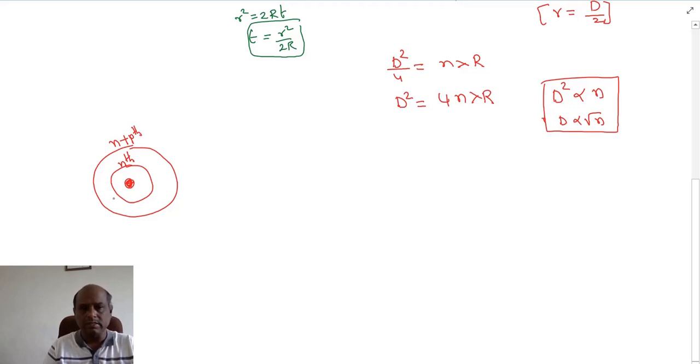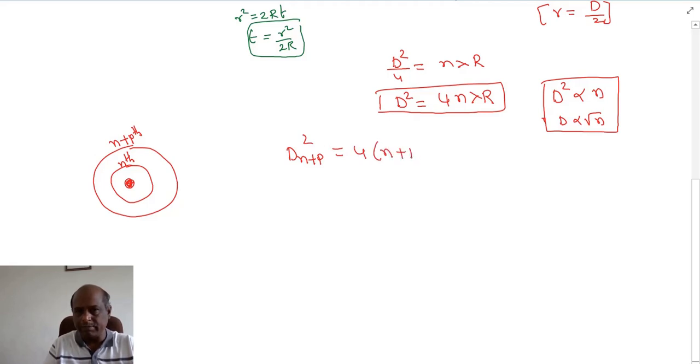So let us consider the diameters of the nth ring and n plus p th ring. D n plus p whole square is equal to 4 into n plus p into lambda R, and similarly D n square is equal to 4n lambda R.